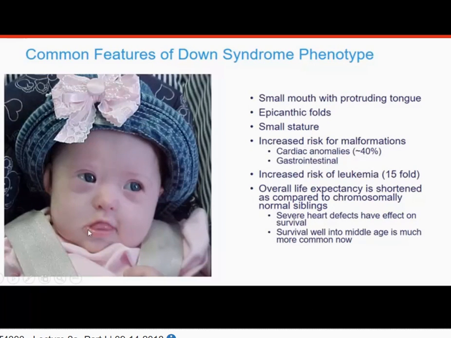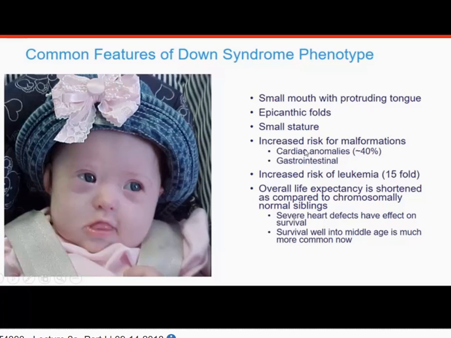This little baby shows a small mouth with protruding tongue. As she grows, that will resolve. The epicanthic folds around the eyes do not affect the vision. They're shorter than the chromosomally normal siblings. Again, height has to be looked at in terms of the mean parental height, the family height, versus what the extra chromosome does, but they will usually be shorter than other family members.